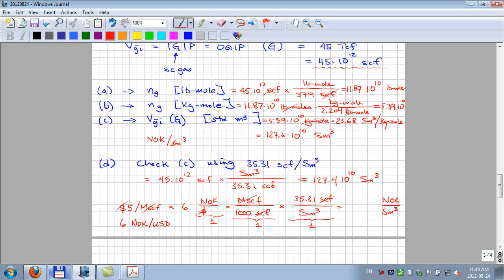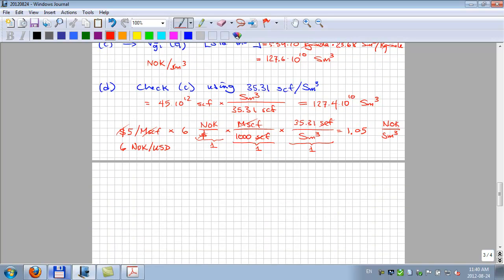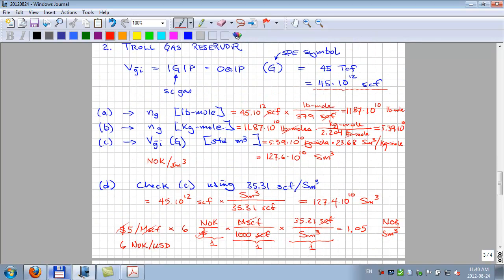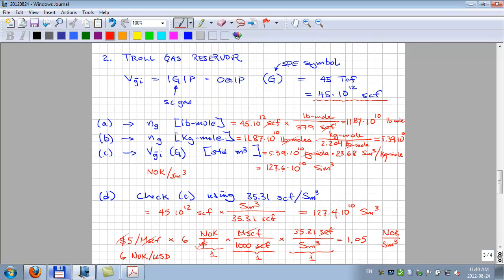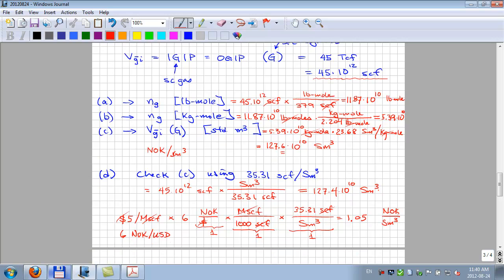So what number do we have here for Norwegian crowns per standard cubic meter? 1.05? That's a nice number. At least you can remember it. Okay, a Norwegian crown per standard cubic meter. Now, I want to put in perspective the difference between 127.6 and 127.4.